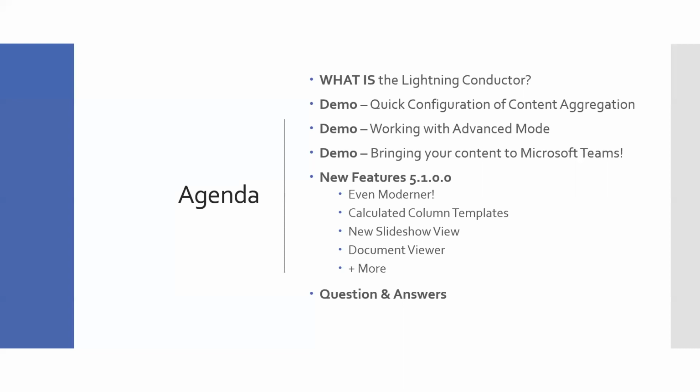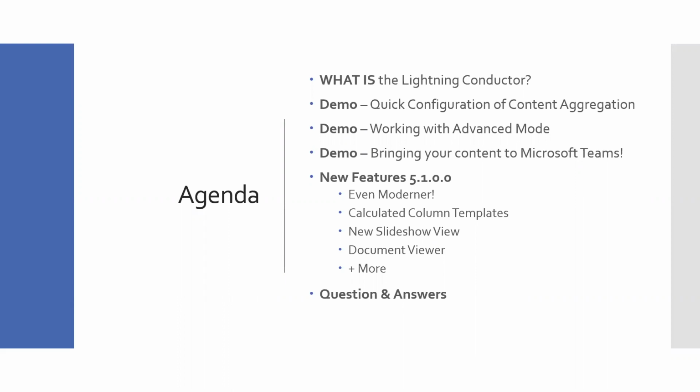We have also created some calculated column templates. So if you've used the Lightning Conductor before, you'll know that you can create some pretty powerful calculated columns. These are not columns that exist already inside the list. These are columns that you can create inside the Lightning Conductor, performing a calculation.